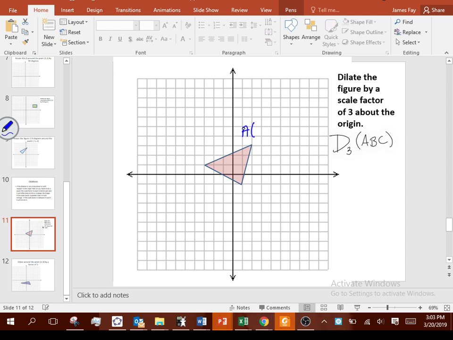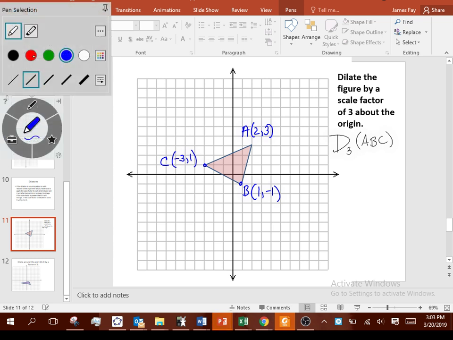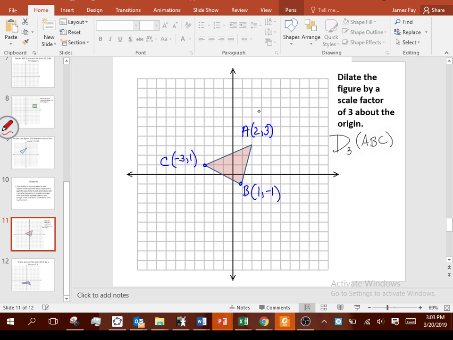So A right now, let's say A is at (2, 3). B is at (1, -1). C is at (-3, 1). I'm positive. Now, if I'm going to dilate that, where is A prime going to go?